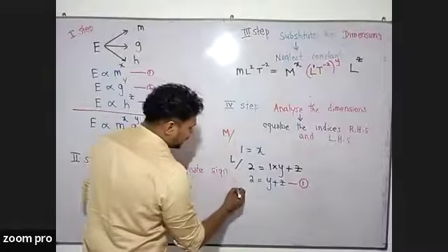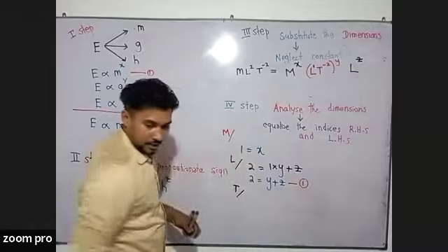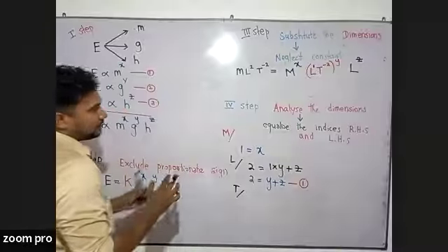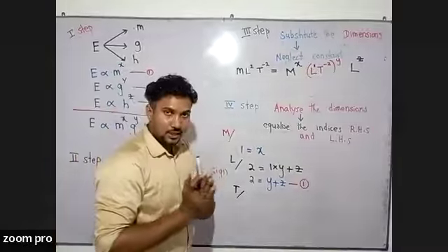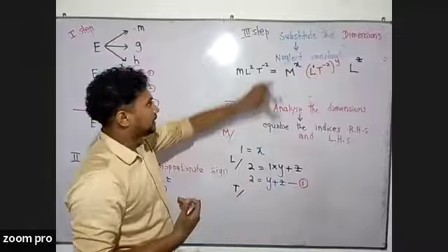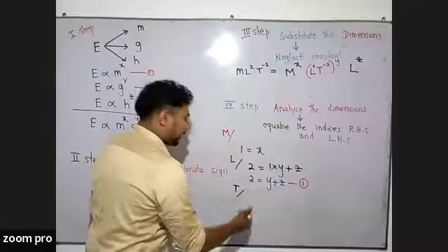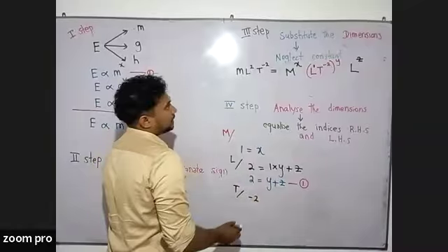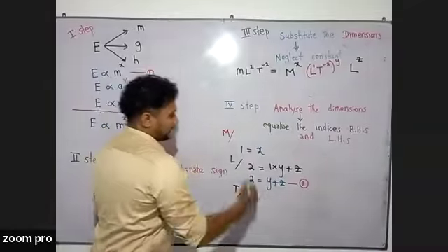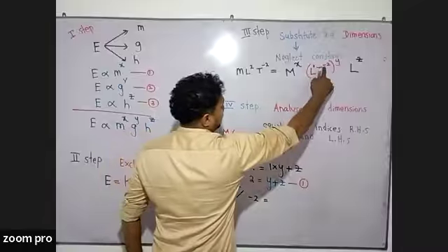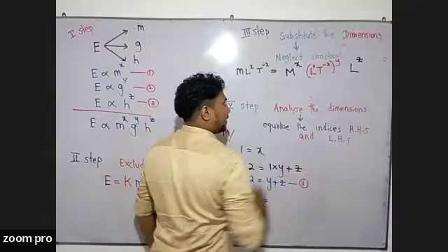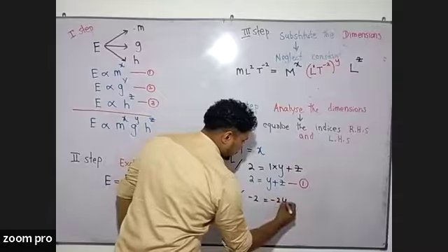Then let's move on to the other one, that is T. If we analyze the indices of T, or the power of T, on the left side you can figure out that T has a -2 power. On the right side, T has a -2, but it should be multiplied by y, that is -2y.